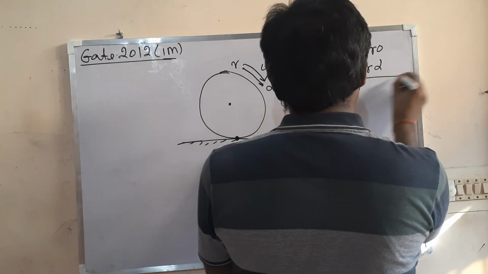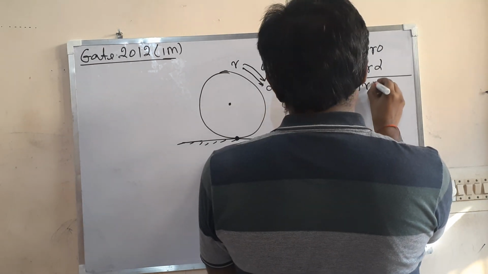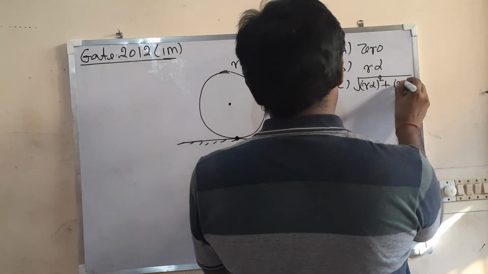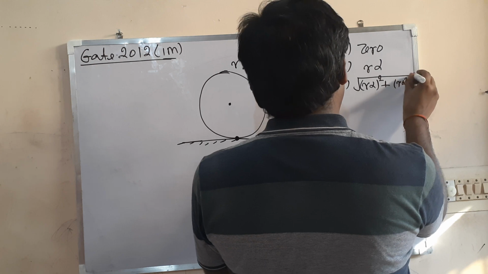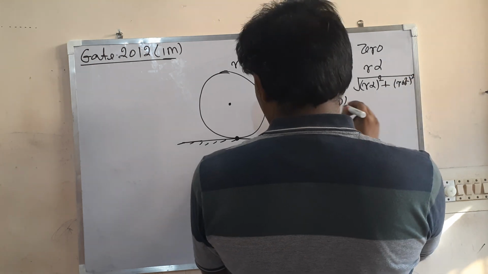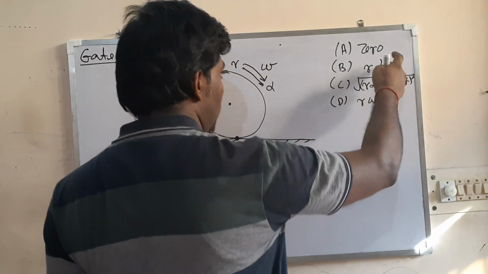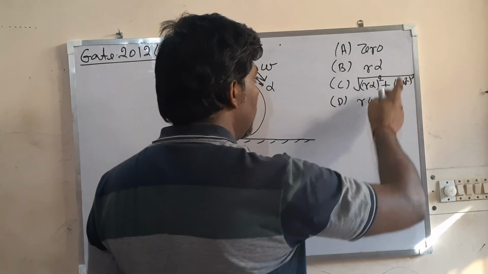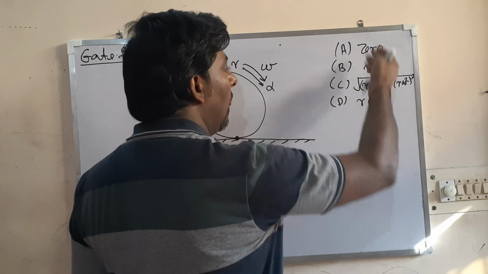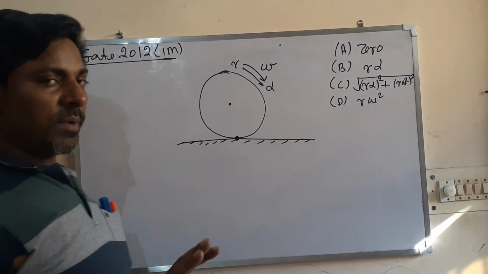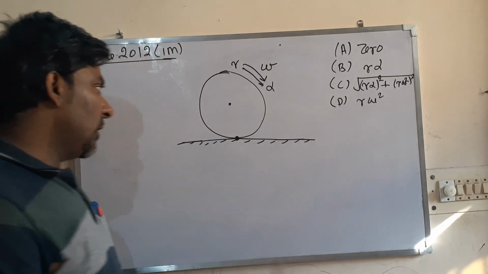Option C is under root of R alpha whole square plus R omega square whole square, and option D is R omega square. This is actually for the general case: this is tangential, this is radial, and 0, and this is the resultant. But the same formula cannot be used at all places.